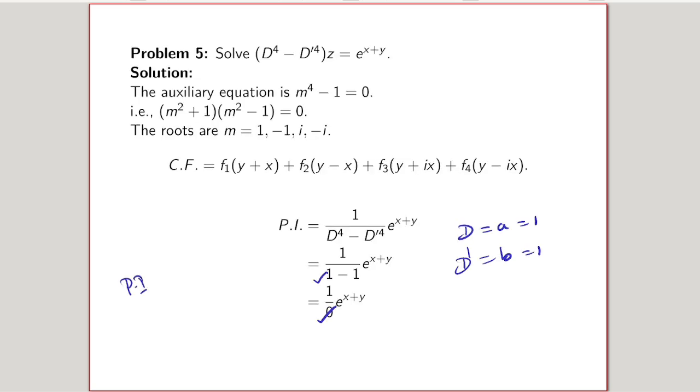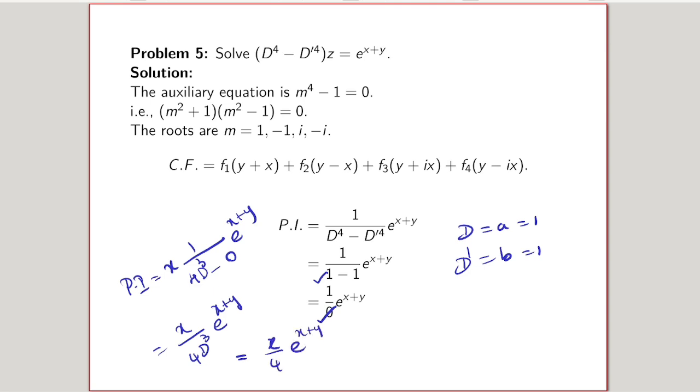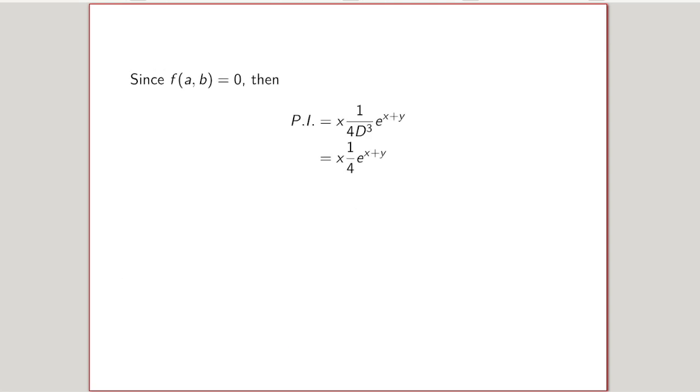So the particular integral can be written as x into 1 by, if we differentiate d power 4, we'll get 4 d cube, minus this d dash is constant, so it will be 0, into e power x plus y. So this is equal to x by 4 d cube e power x plus y, which is equal to, we can write d as 1, so it will be x by 4 e power x plus y. This is the particular integral.